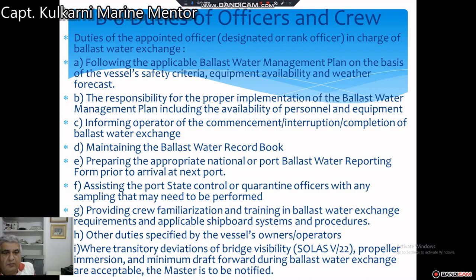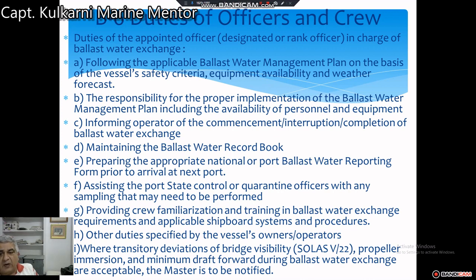Maintaining the ballast water record book, preparation of the appropriate national and port state ballast water reporting form. Now this ballast water reporting form, before you arrive in any port, make sure you get it through the agent, fill it up, keep it ready, and in case required to be sent prior to berthing, please ensure it is sent to them as required, and also keep a copy, so when the port state or flag state comes, you can show it to them that we have already sent this reporting to them.